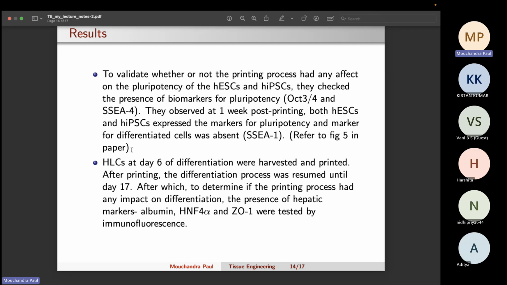Can any one of you use some common sense, maybe, and think why they opted to do this kind of study? I would give you a clue. The clue is the shear stress that the cells experience during the 3D printing process.